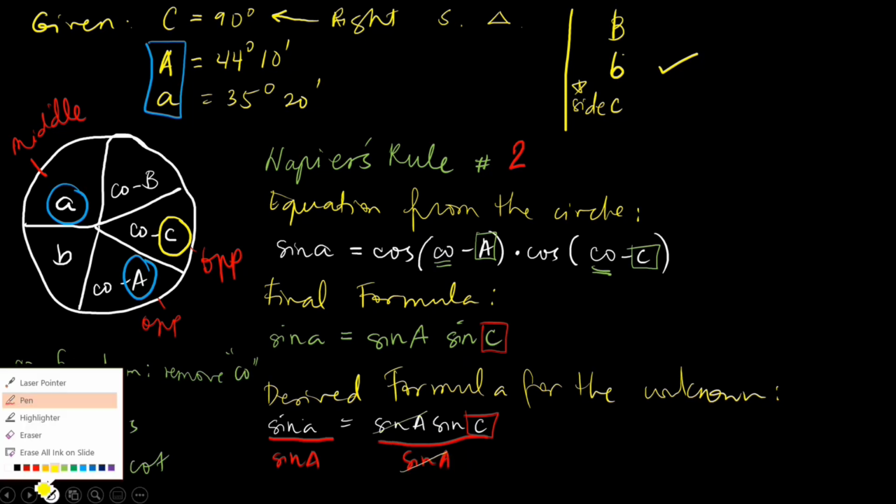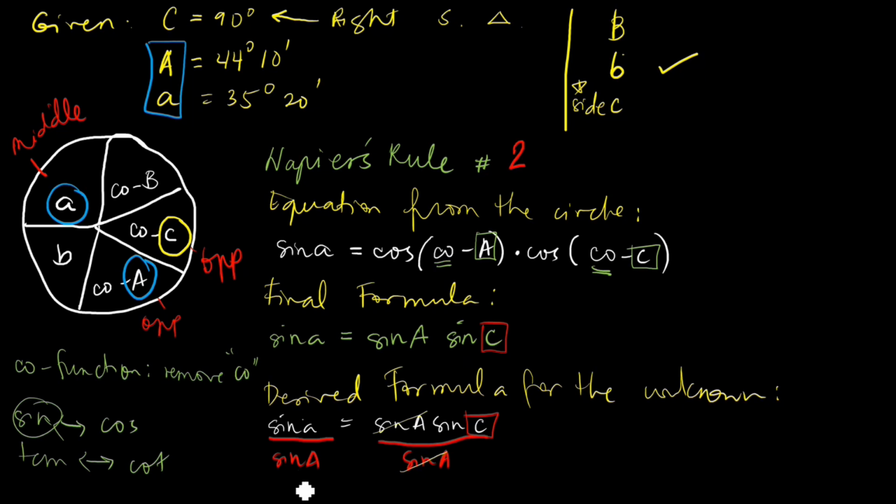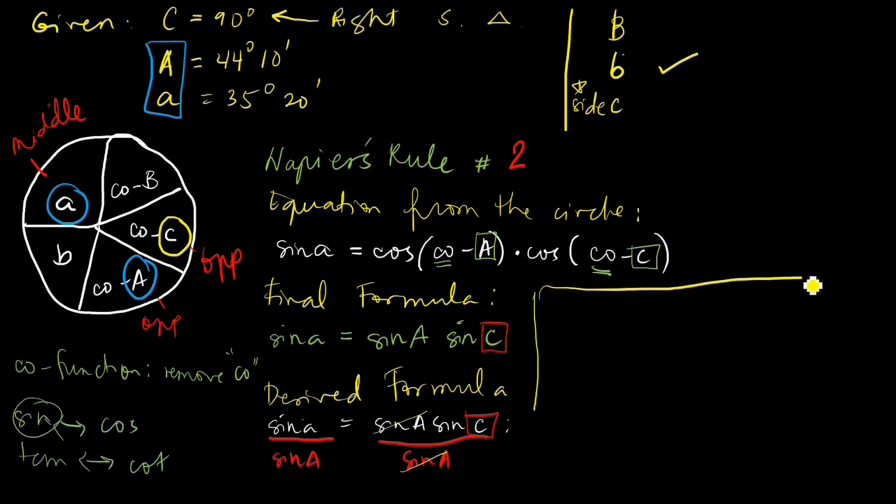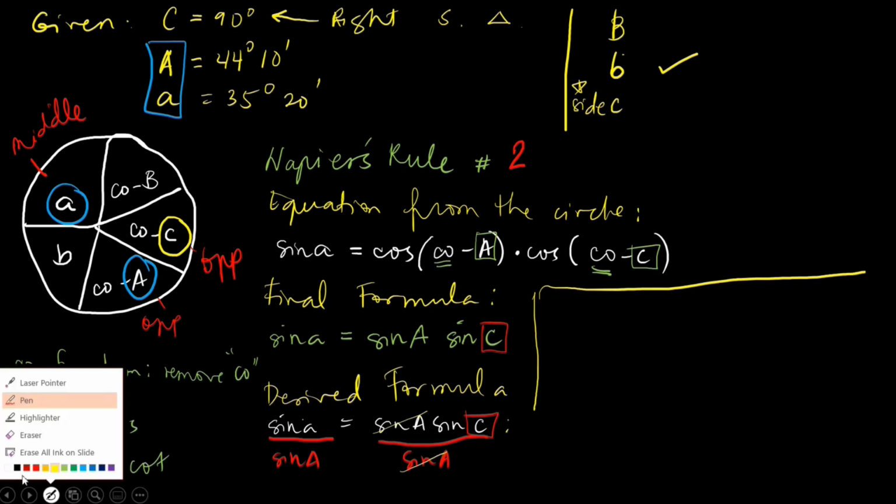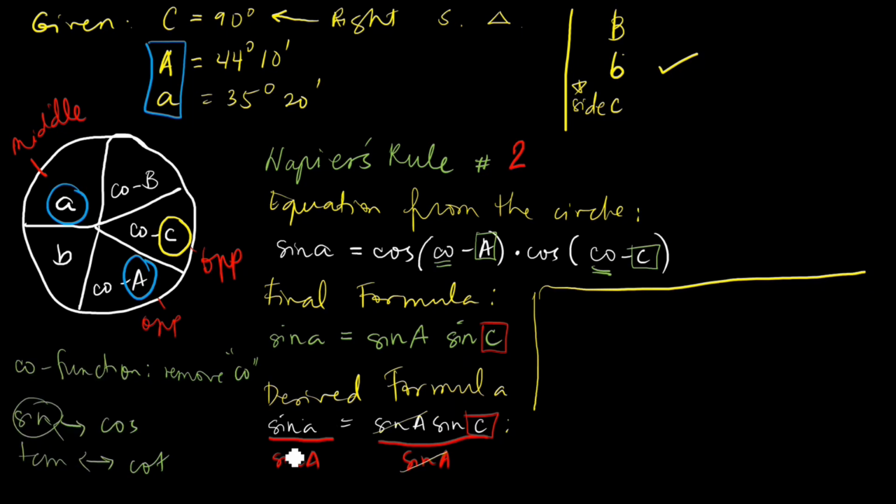So we have sine of side A over sine of angle A equals sine of side C.